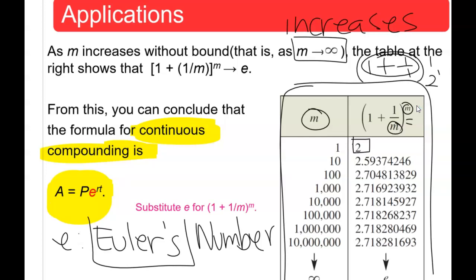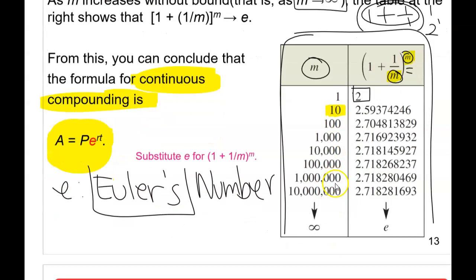But then if we increase m to a 10, this m that goes here, and you type that on your calculator, you could see you get this number. And if you keep making that m larger and larger, you could see here the values being multiplied by 10. So here we have 1 million, 10 million.